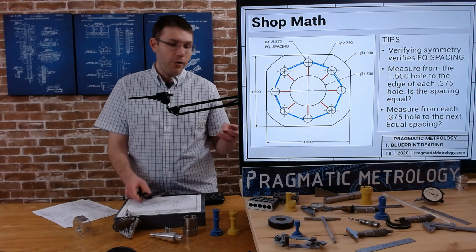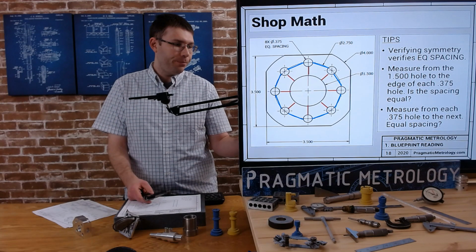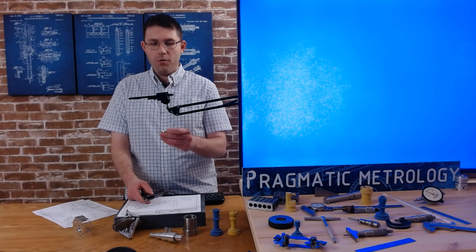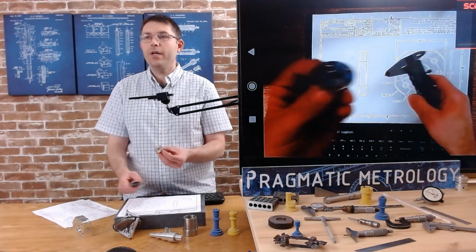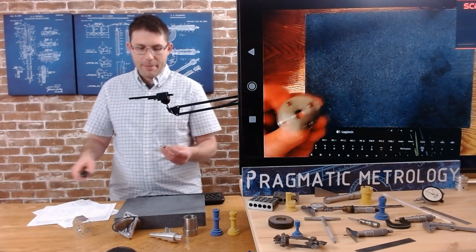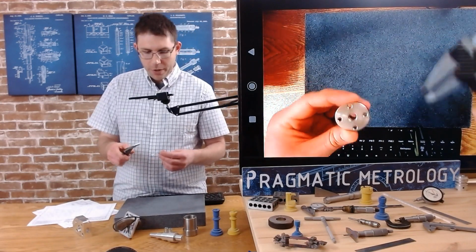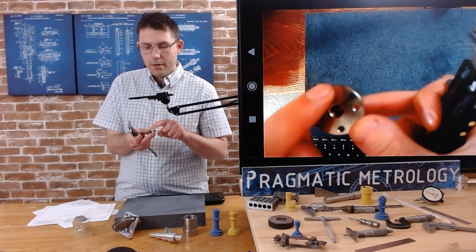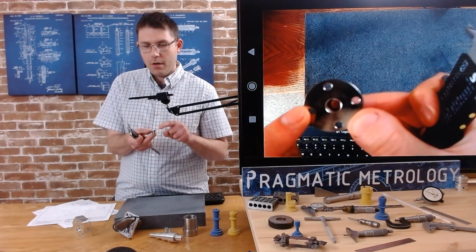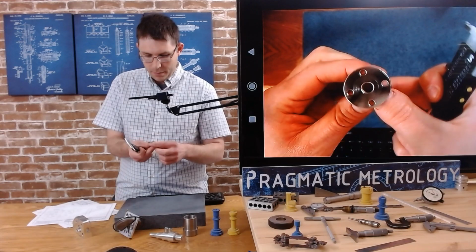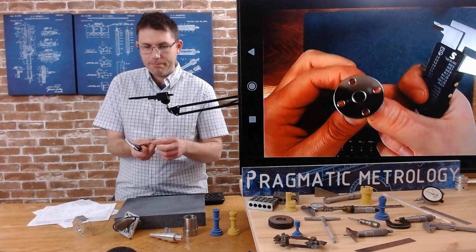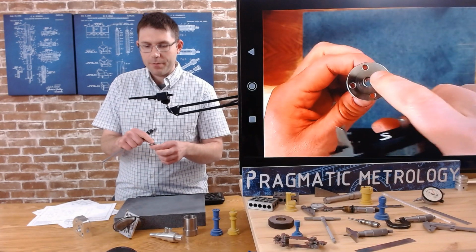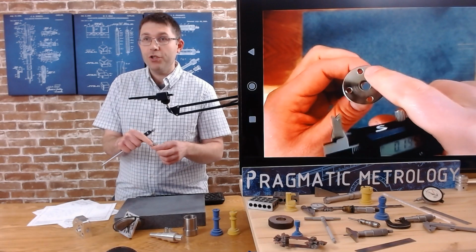So I don't have that part up on the screen, but I do have this little one here. So I will try to demonstrate the same concept. We're going to find out, are these 4 holes centered? Are they equidistant from center? And are they equidistant from each other?